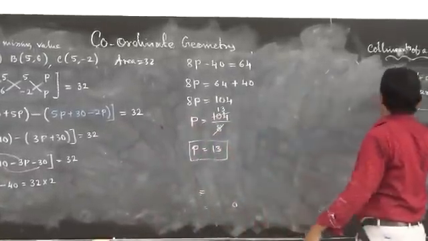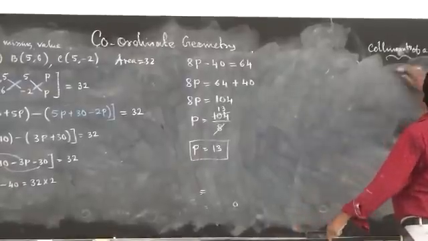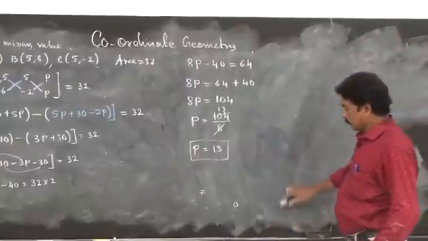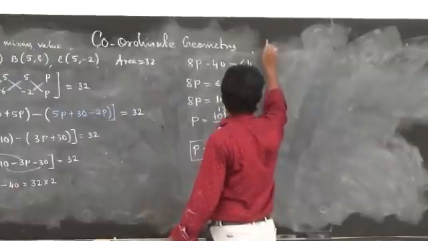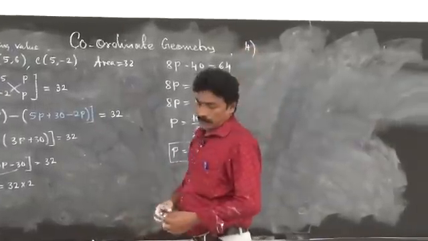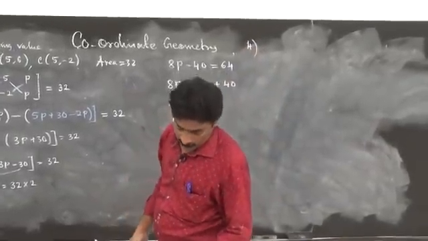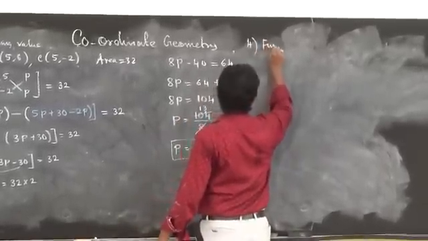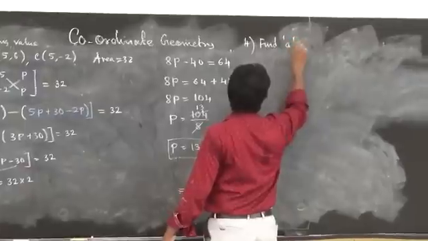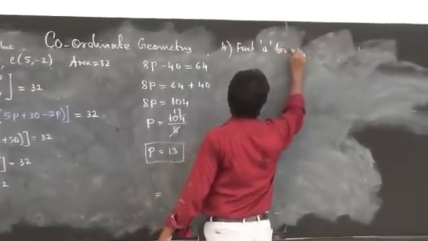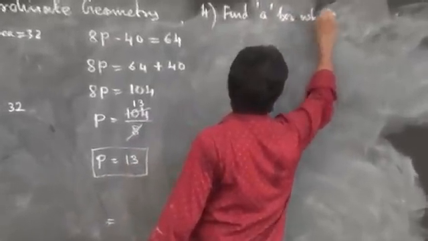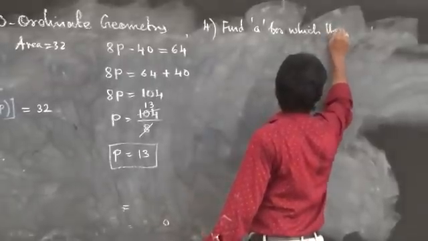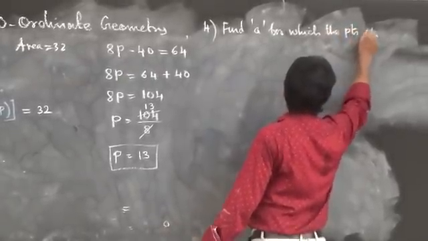When the points are collinear, we know that area is 0. So the fourth is also the same type. We have to find the value for A. Find A for which, I write it in short form, the given points are collinear.